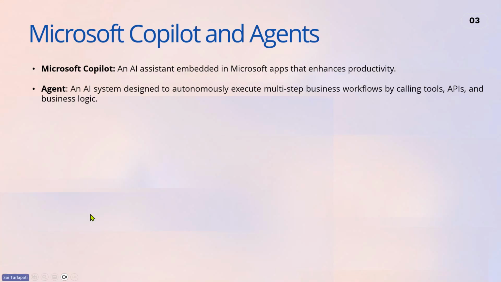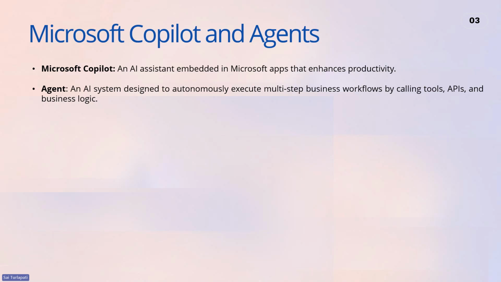Okay, what is Microsoft Copilot? The definition is like this. A Microsoft Copilot is an AI assistant embedded in Microsoft apps that enhances productivity. That means whenever you see the word Copilot in the Microsoft ecosystem, it is authored by Microsoft. Microsoft owns it and creates that ecosystem. There is licensing involved, or some of the products may come complementary with the Copilot.